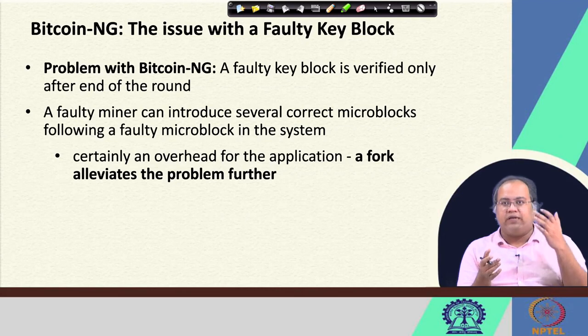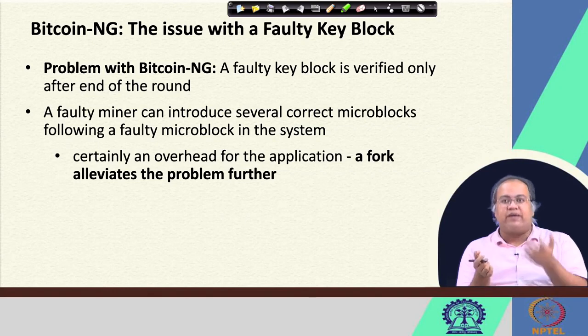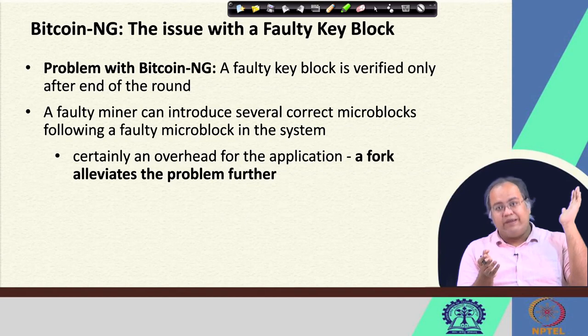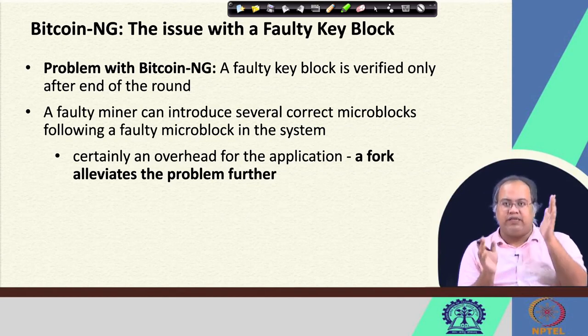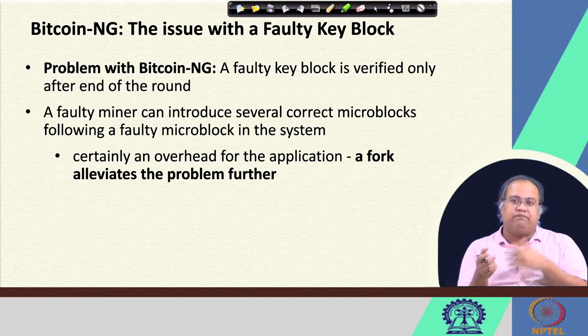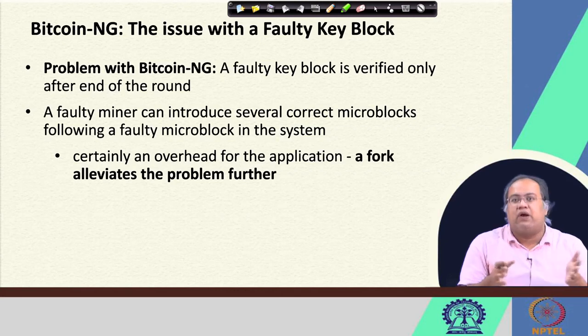People think this is a good participant, and then it adds one or two correct micro blocks followed suddenly by a faulty micro block. Because of that, the other nodes in the network have to remove all these key blocks and micro blocks in that round, and then start again with the next round. That kind of overhead can slow down the entire process.